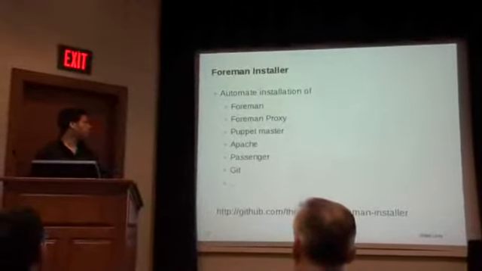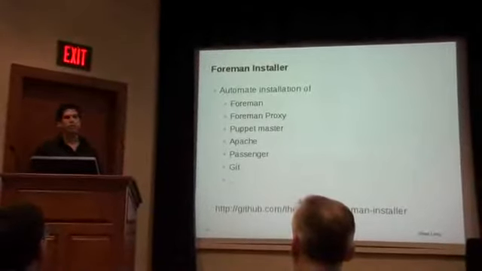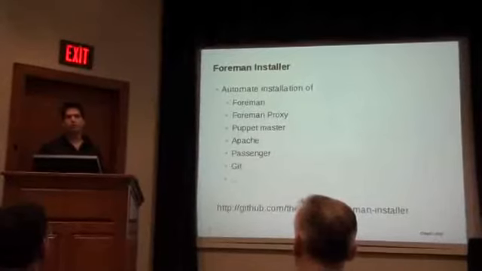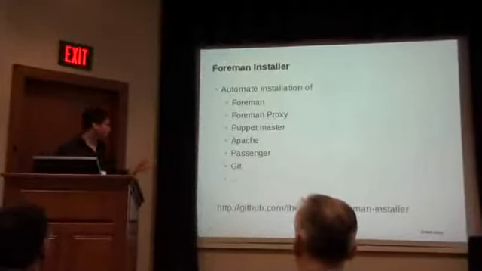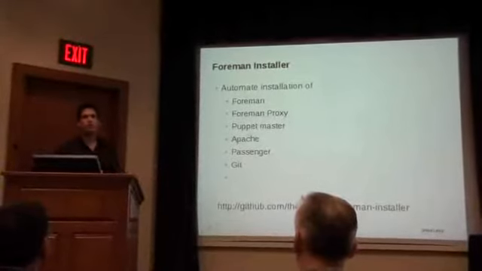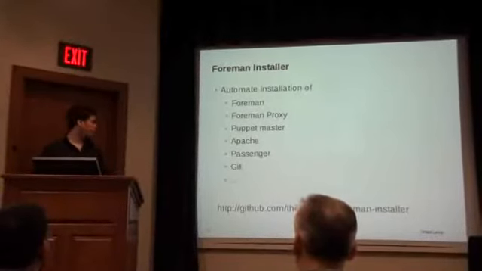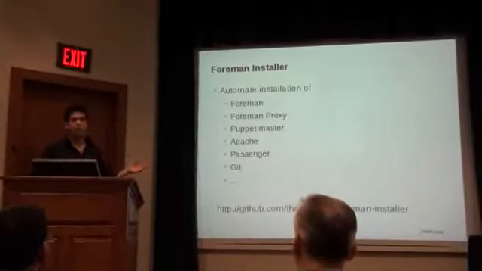That includes, besides the Foreman component, a bootstrapping way for Puppet masters. For example, we obviously offer it with Passenger integration and all the best practices out there. But not just that, we also integrate with Git, so you can get your own.